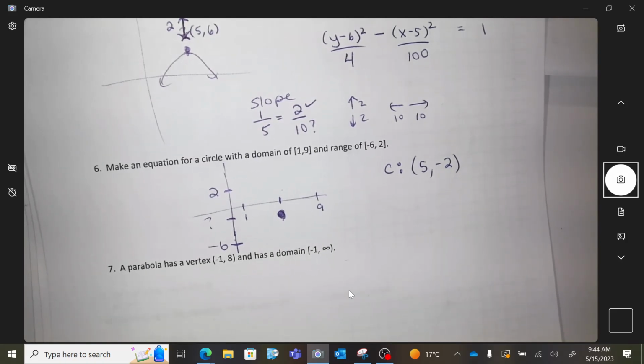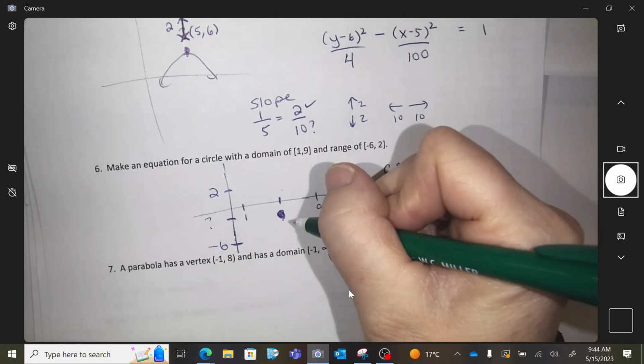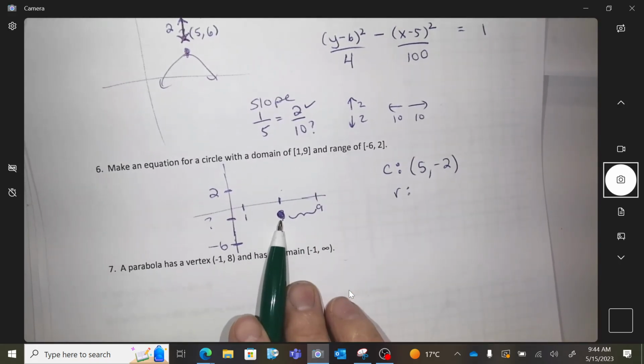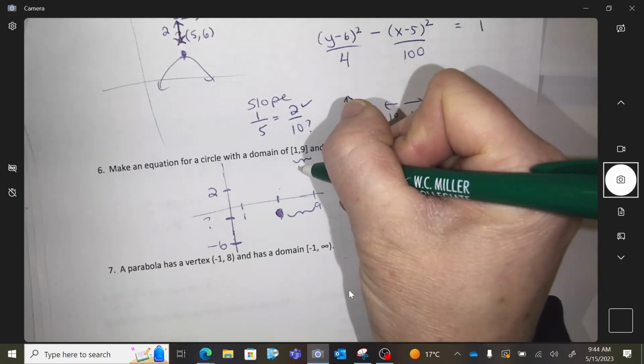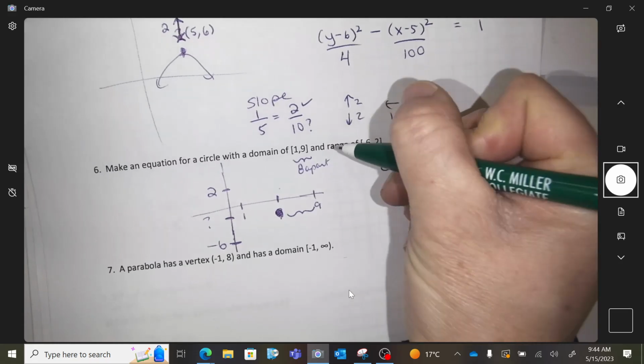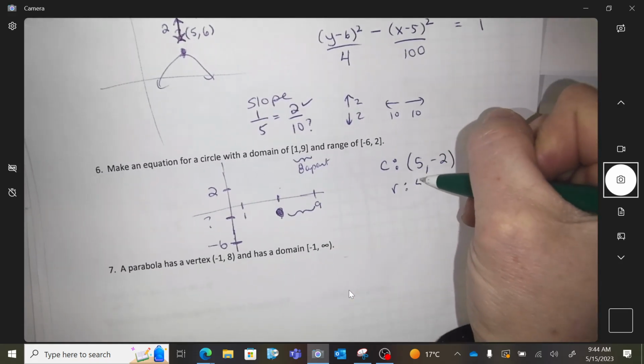So I knew how to figure out my center from understanding those numbers. And what's our radius? So what was there? There's a 5 to a 9, so our radius is 4. Or you can say 1 to 9 is 8 apart. Radius is 4.